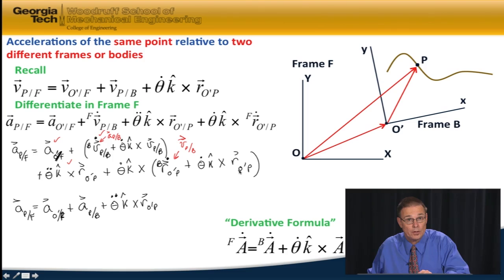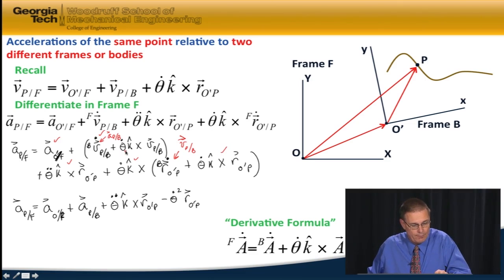We did that earlier when we developed this velocity equation, and we found out that we used a vector identity, and that was minus theta dot squared r o prime to p. And so that takes care of this term with these two.